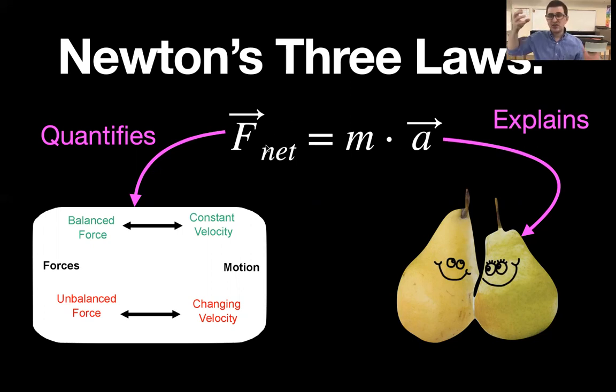So the Earth and the Moon are causing the same net force on each other, but because the Earth has way more mass, the acceleration of the Earth caused by the Moon is way smaller. Because the Moon has less mass, its acceleration has to be bigger due to the same net force. I really love how these three things are connected to each other. The second law quantifies the first and explains the third.